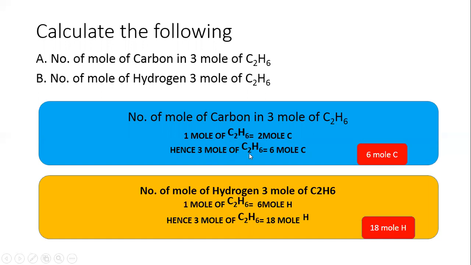Therefore 3 mole of ethane contains 6 mole of carbon, so the answer here is 6 mole carbon. Next, number of mole of hydrogen in 3 mole of ethane. 1 mole of C2H6 contains 6 mole of hydrogen. Hence 3 mole of ethane contains 6 into 3 equals 18 mole of hydrogen. So the answer here will be 18 mole.